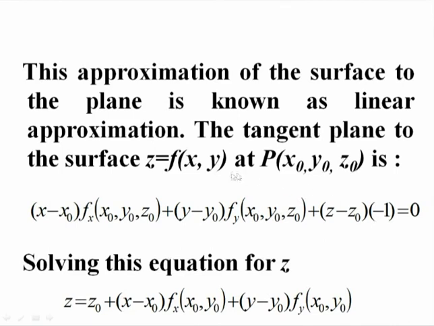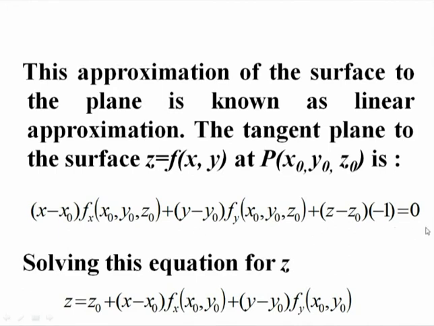But we know that del f by del z for this will be minus 1, so that's why this minus 1 is written. One step is skipped here, and this minus 1 is substituted for del f by del z from the equation f of (x, y) minus z is equal to 0.